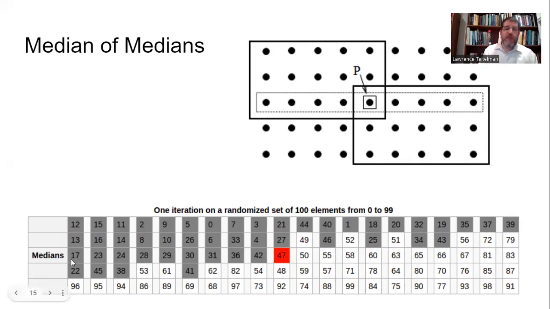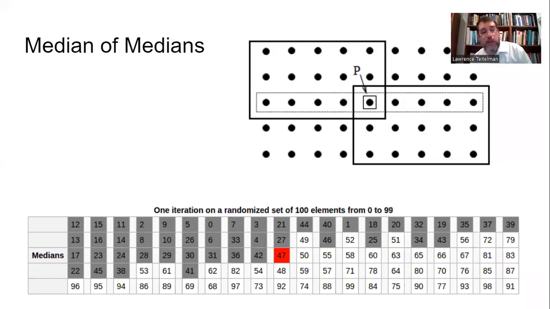What you see on the bottom is the chunks of 5. Everyone see the chunks of 5? Right, we got chunks of 5 there. And so these are all 100 numbers between 0 and 99.